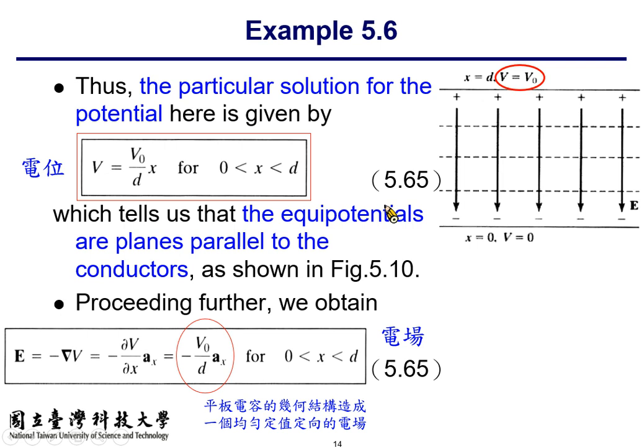What is that? If I have positive charge here, it will build up an E field in this direction on the top and in this direction on the bottom, right? And it extends to infinity. It extends everywhere.